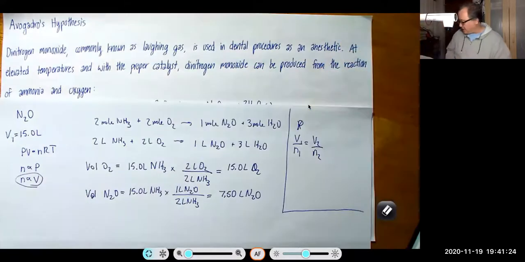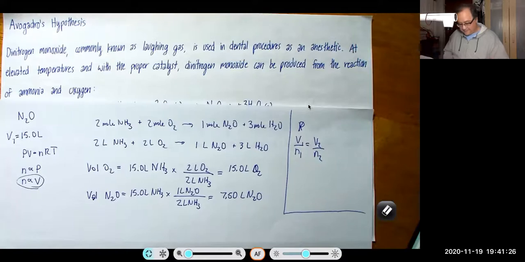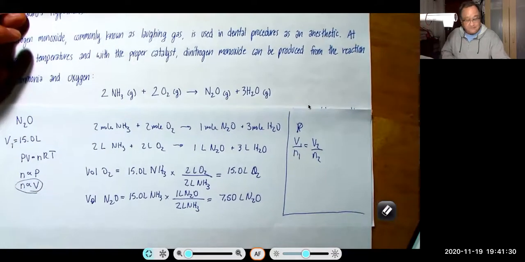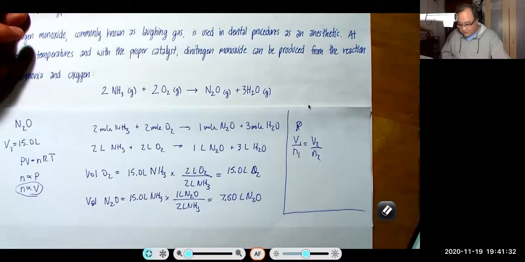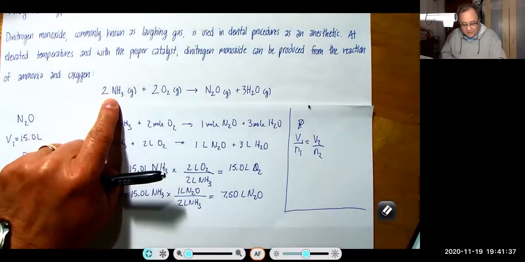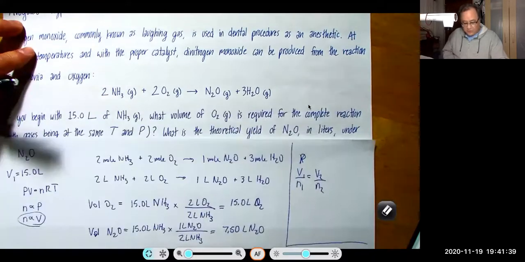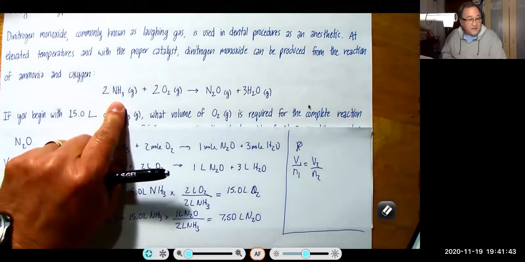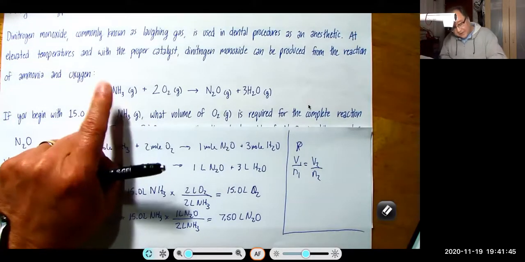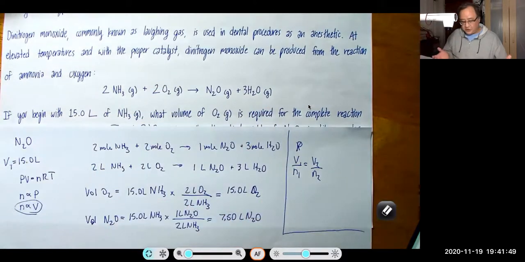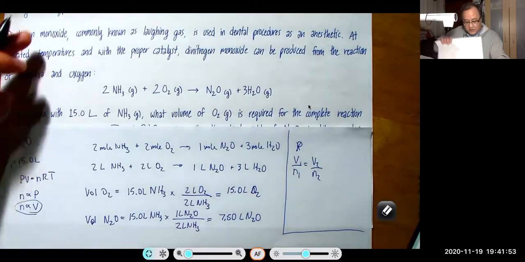What they want you to do in this problem is to use the volume to find how many moles of NH3 you're using, then calculate the moles of O2, and then calculate the volume. So they want you to do two Avogadro's hypothesis type problems, and we can do that.